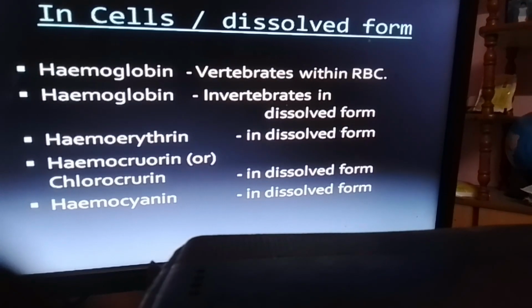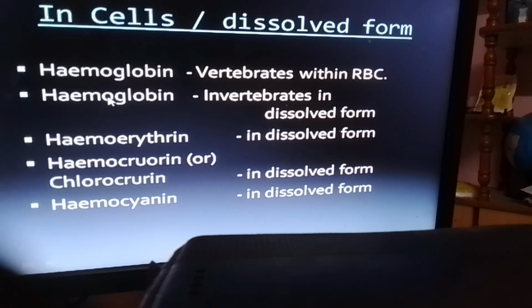And then we have already discussed hemoglobin, and in general we can give this explanation. Among the vertebrates, the respiratory pigments, millions of them, are within the cell, generally called RBC.